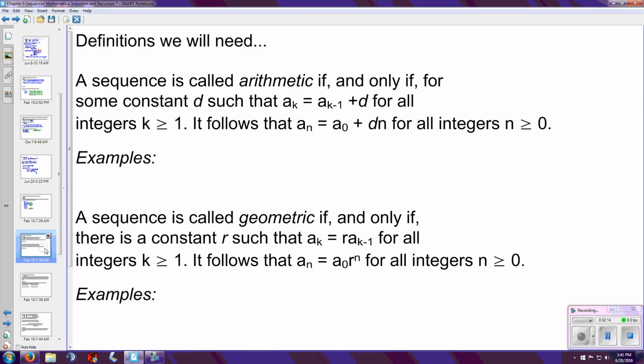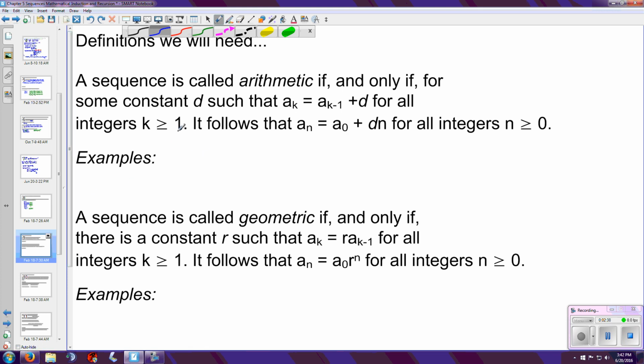Let's continue. A sequence is called arithmetic if essentially you're adding a constant term to get from one term to the next. On the other hand, if you're multiplying by some constant, then that is called geometric. We've seen plenty of examples at this point of arithmetic, including the previous one. Geometric is a little fancier.